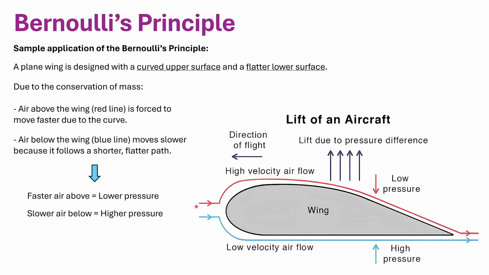As a result, faster air above creates lower pressure, and slower air below creates higher pressure. As a result, there will be a lift. Because pressure is low here and high here, the resultant force would be upward, that is the lift.